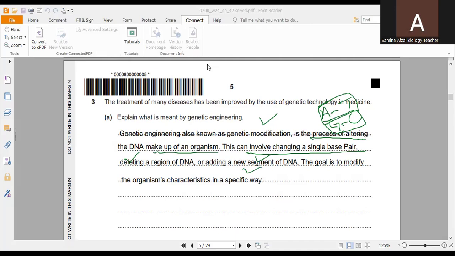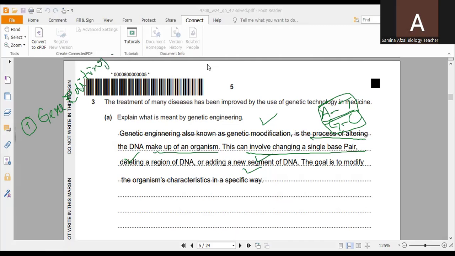Different techniques can be used for this purpose. How do we change the DNA? First of all, we can edit the genes. The first technique is gene editing.